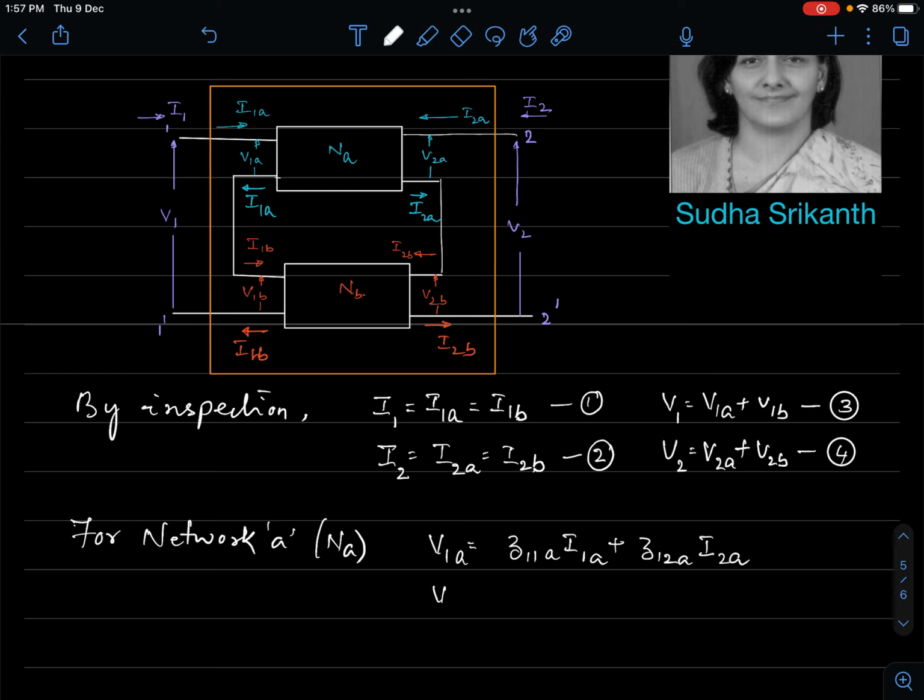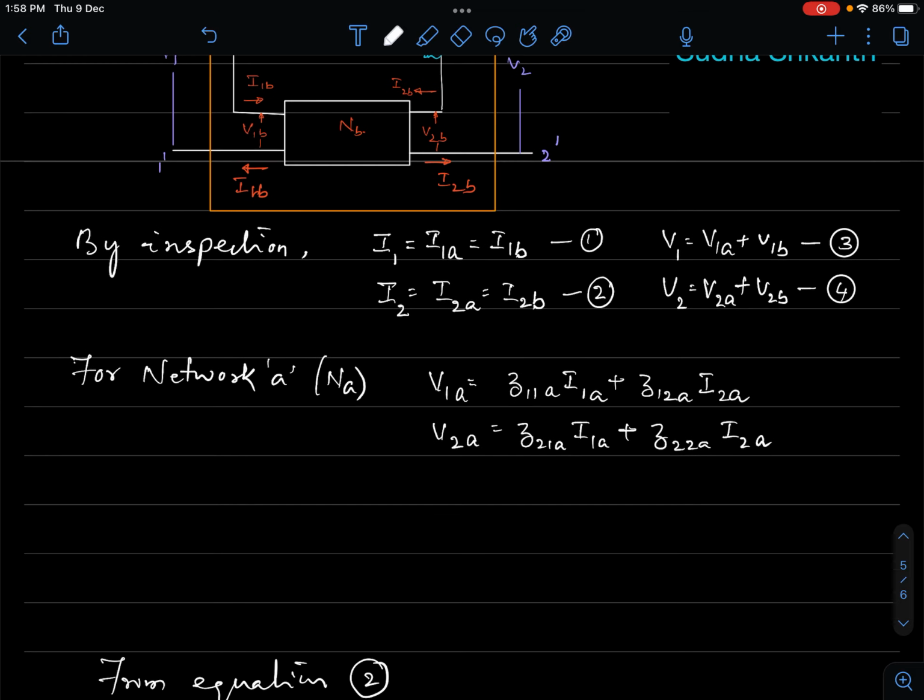This is for V1. And another equation we have for V2. V2 of A is equal to Z21 of A I1A plus Z22 of A I2 of A. This is for the voltages of A network.